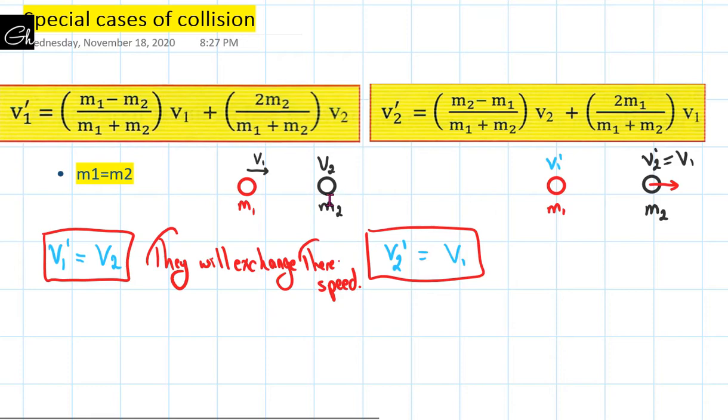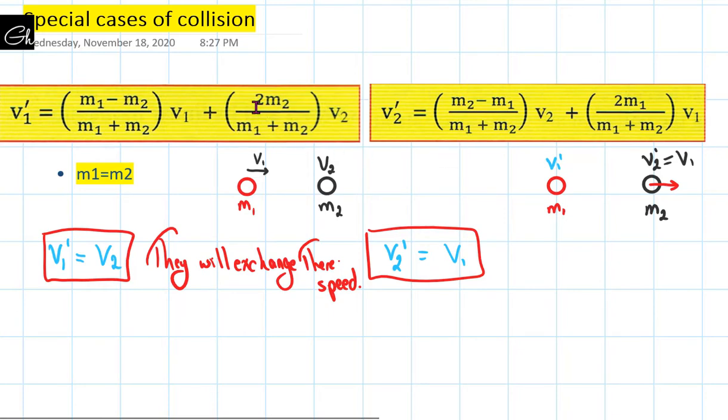So let's take these equations and try to study some particular cases. In the first case, we assume that these two particles, m1 and m2, are equal in mass. If we substitute m1 and m2 with their real masses, this part will go to zero. Similarly in the second formula.